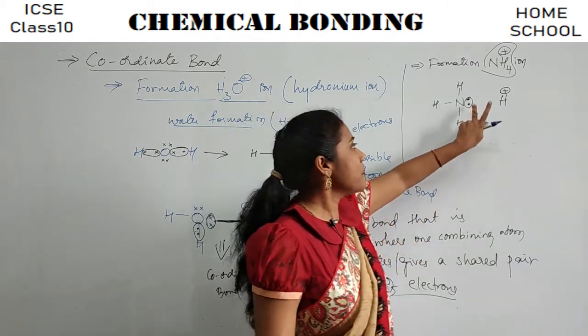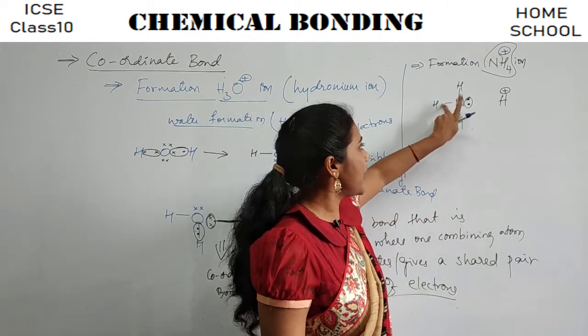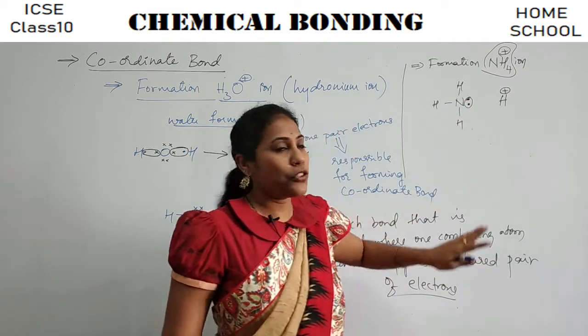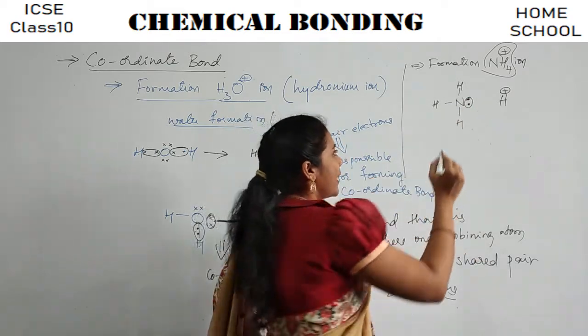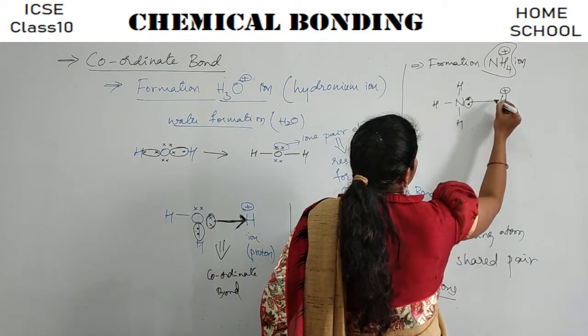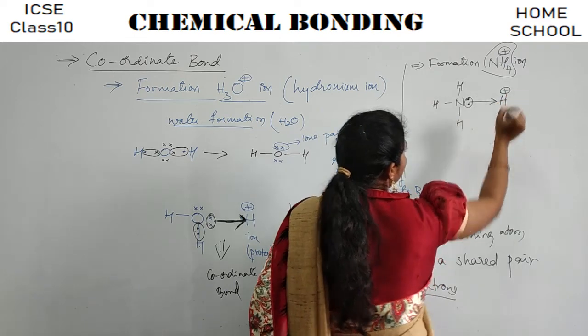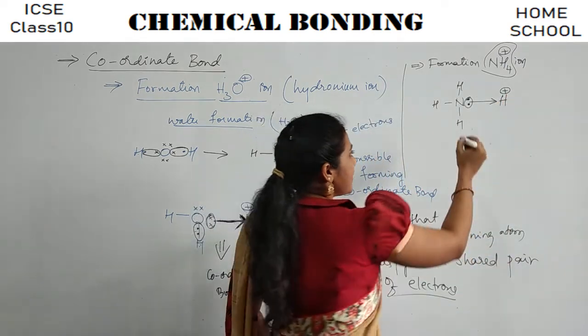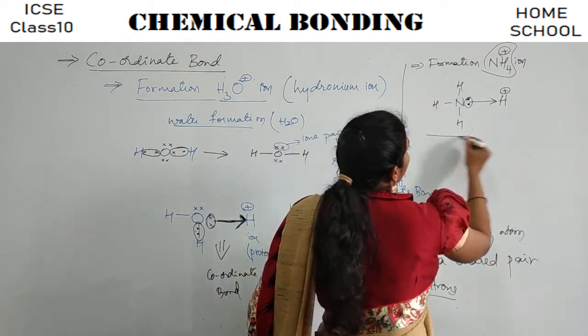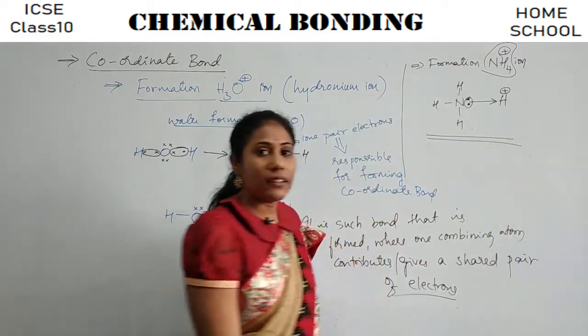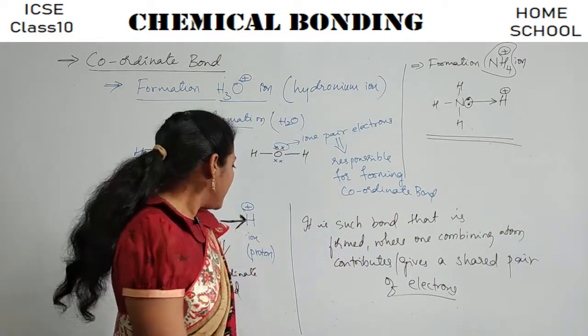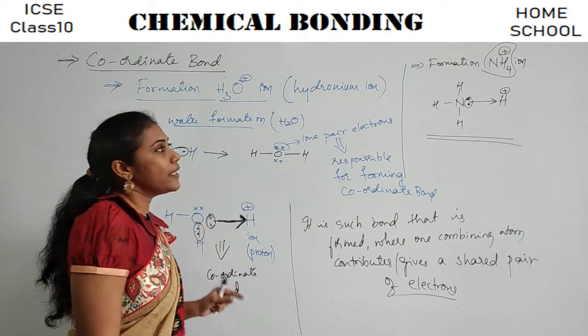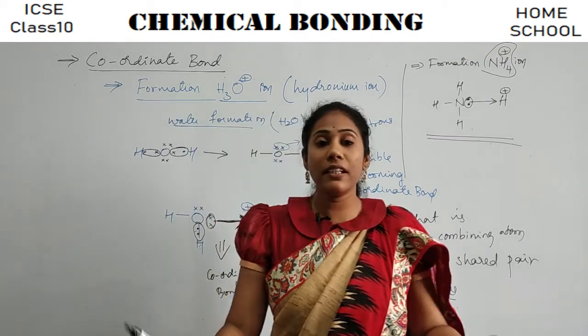This pair of electrons is not shared with any of the hydrogens, it is very much free. So what happens is this pair of electrons is shared with H plus also. So this is another example of coordinate bonding.